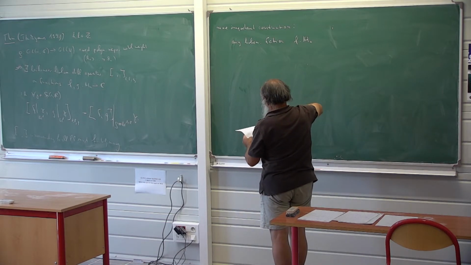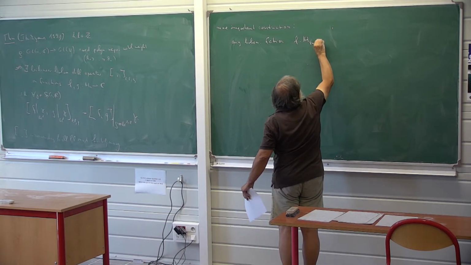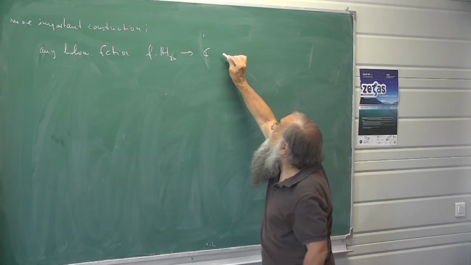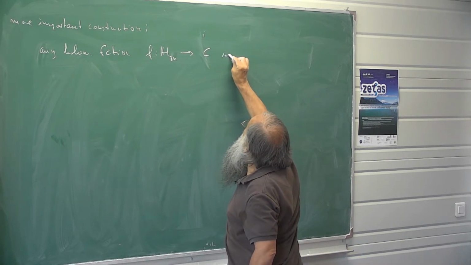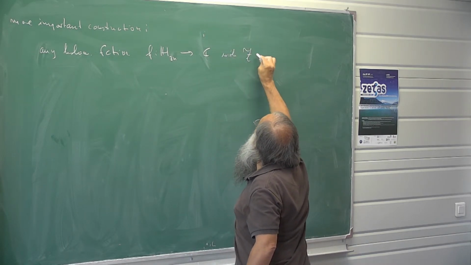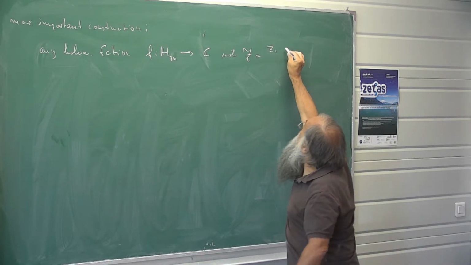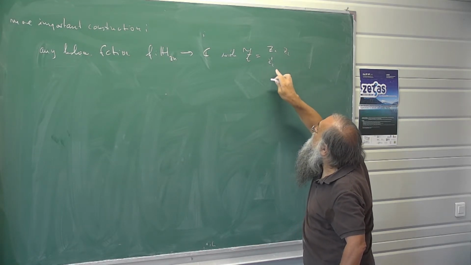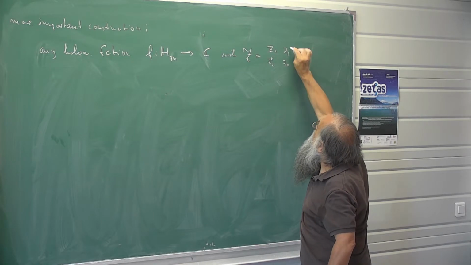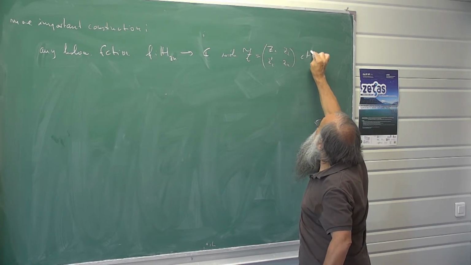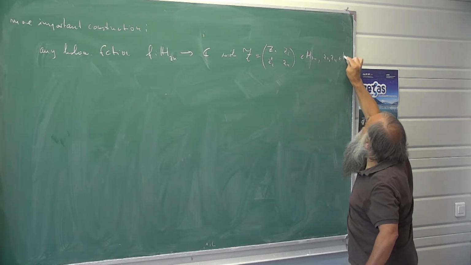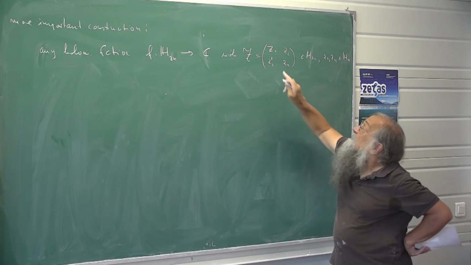Do I take Hn? I take now H2n to C, with Z1, Z2, Z2 prime, which is the transpose, which is Z3, and that's now Z4, in H2n.